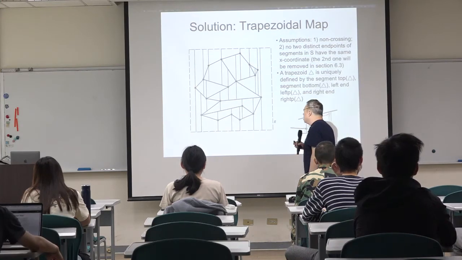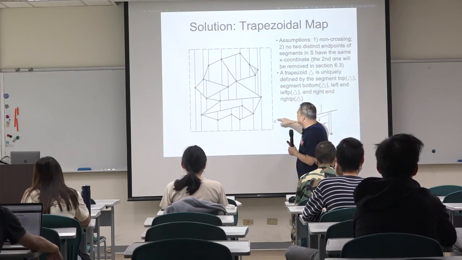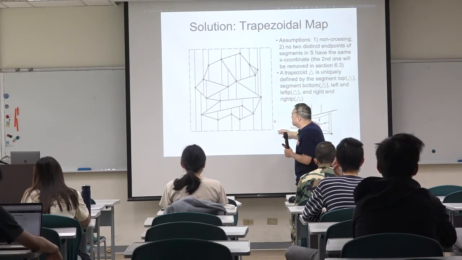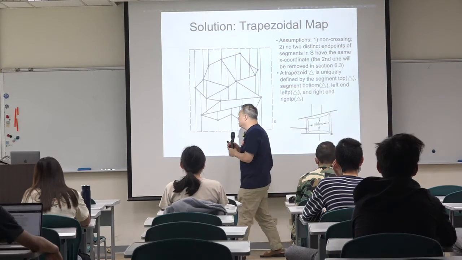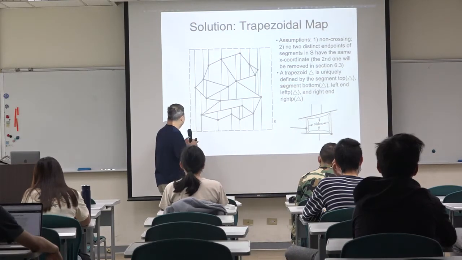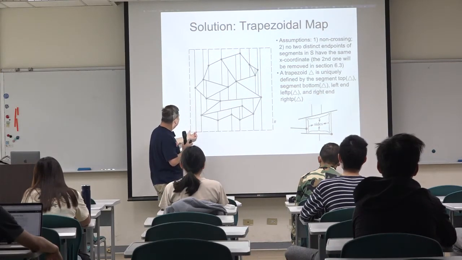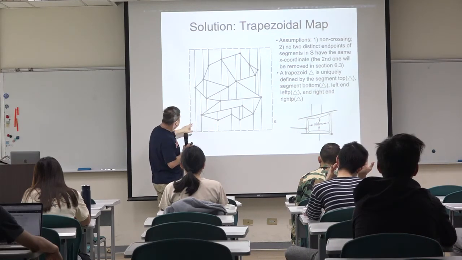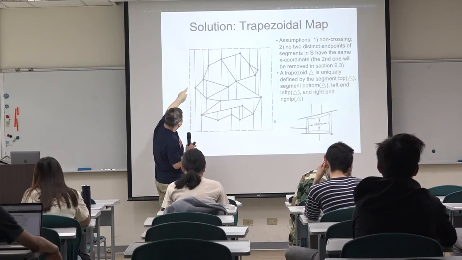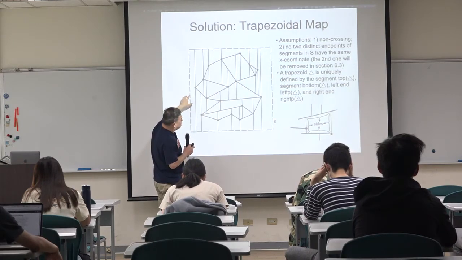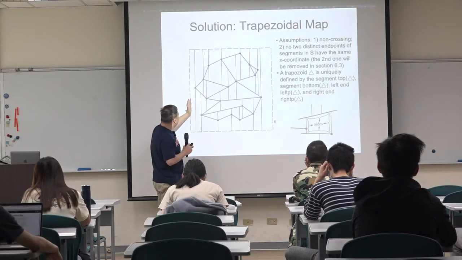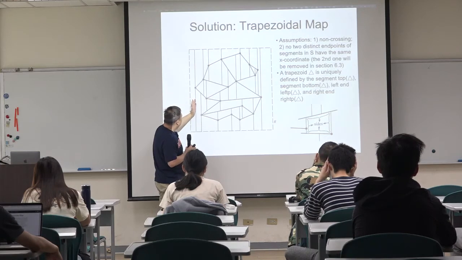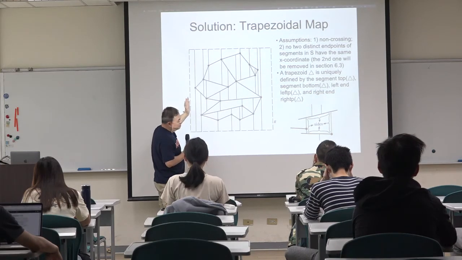Here, we call that bounding box R. And by the way, for example, like here, this is a trapezoid, as I mentioned, even though this looks like a rectangle. So we have the left side and right side, which are formed by the vertical lines.